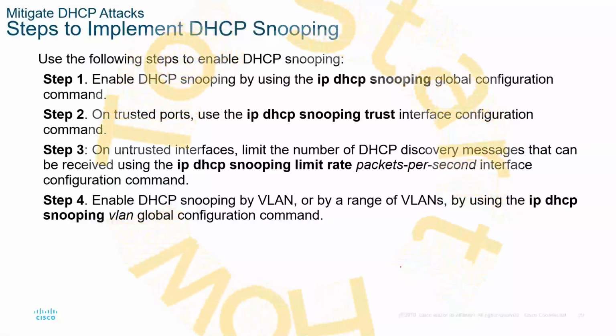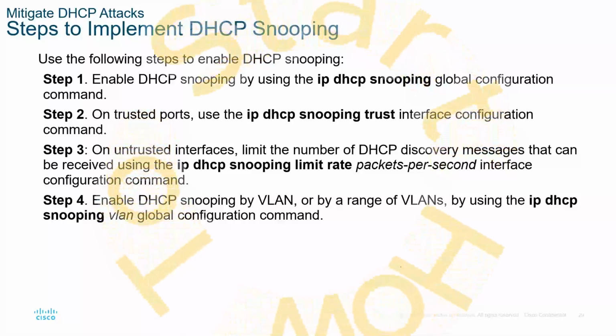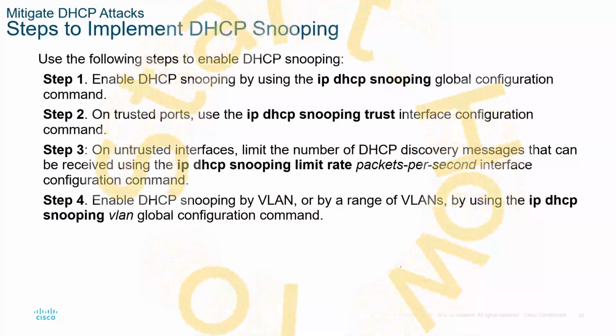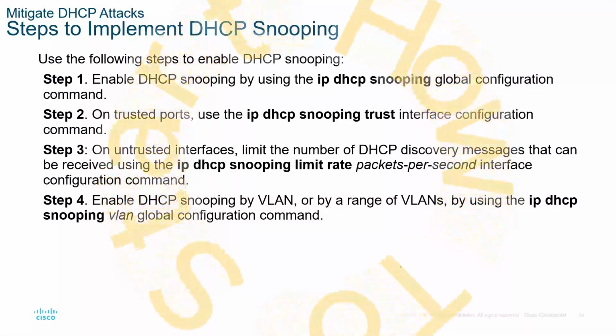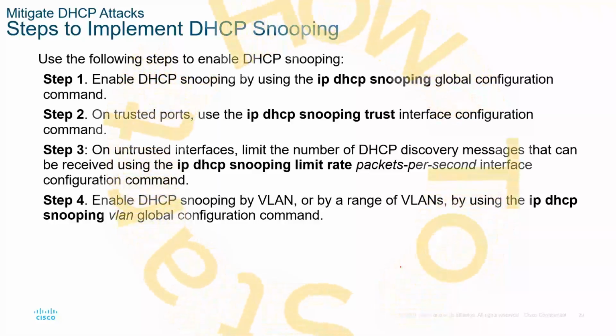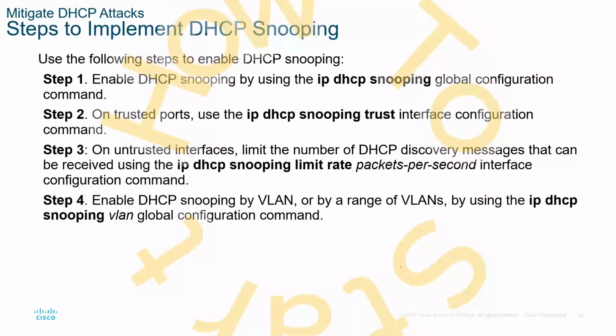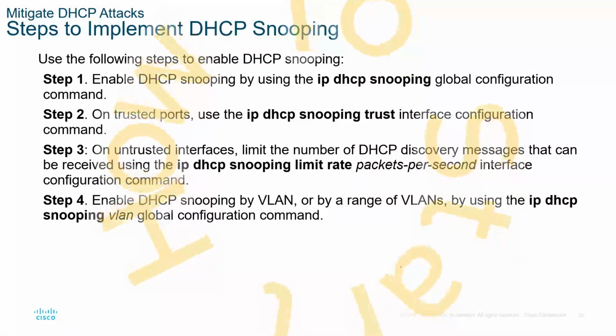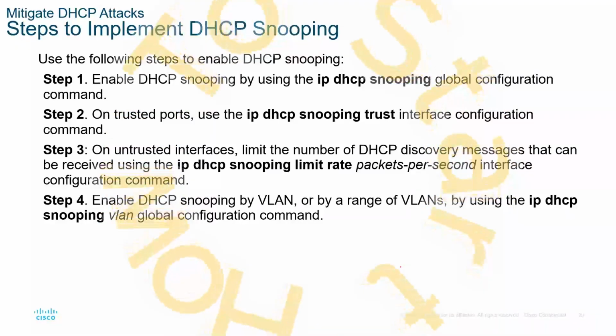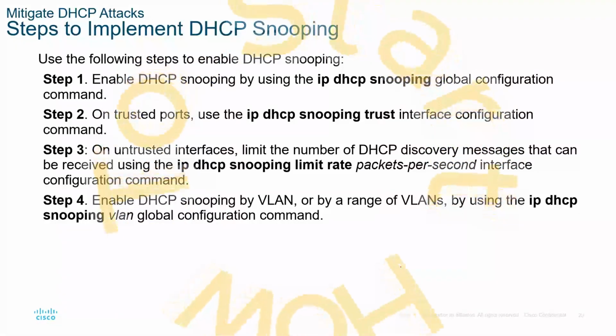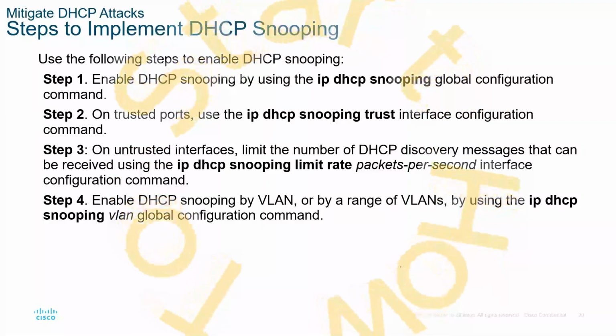So how do we actually implement DHCP snooping? Well, first of all, we enable it globally. We issue the ip dhcp snooping command. On the trusted ports, navigate to the port. You can do ip dhcp snooping trust, and that on that interface will allow it to be trusted.